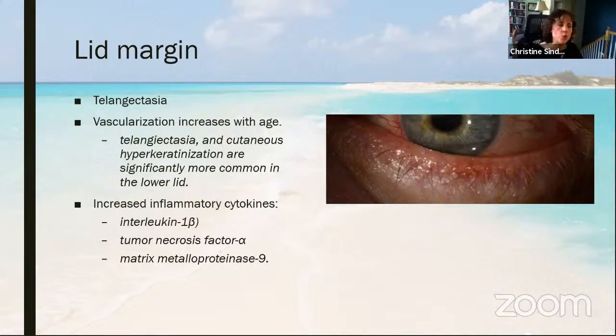If you can control the inflammatory cytokines, you will then see resolution of that telangiectasia on the patient's eye. So this is a very key factor that should always be noted when the evaluation is happening. Very, very significant and acutely diagnostic of meibomian gland dysfunction.